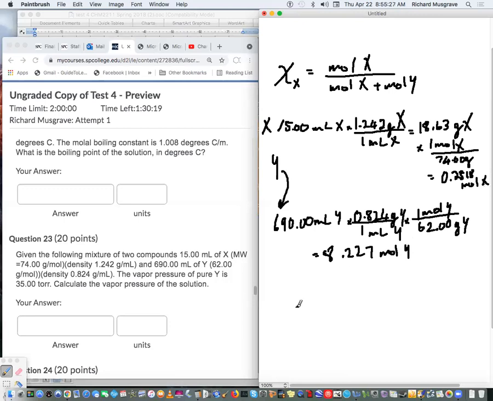Now we can get the mole fraction of X by just taking those and plugging them into the formula at the top there.